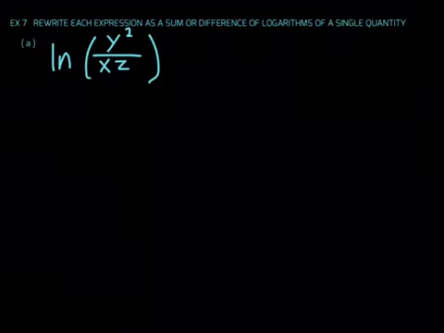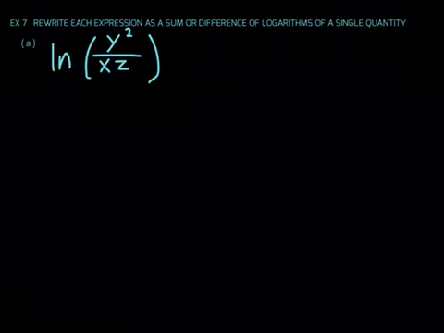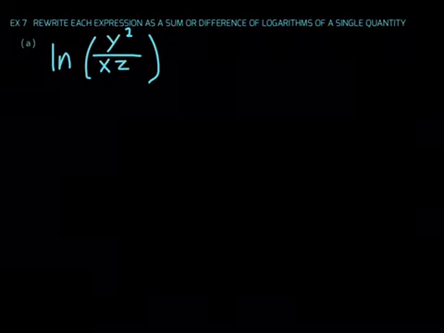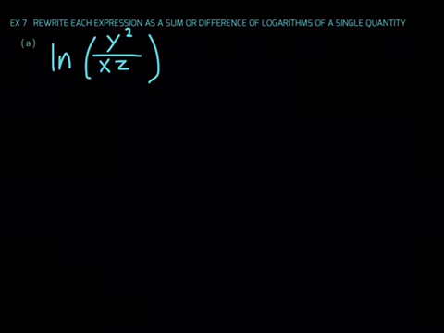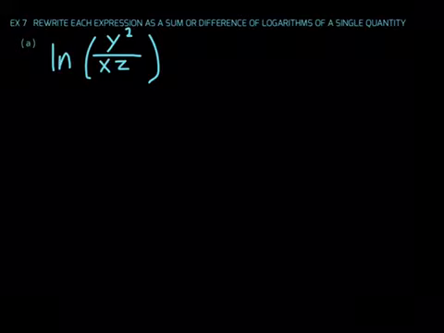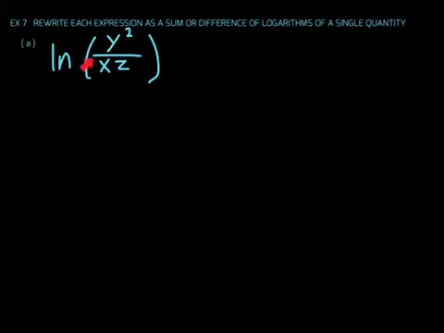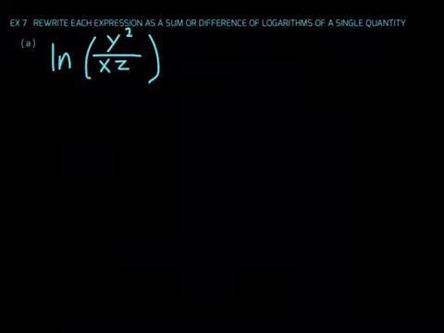All right, example 7, there'll be 2 parts to this. Rewrite each expression as a sum or difference of logarithms of a single quantity. All right, here comes the first one. Okay, we have the natural log of y squared over xz. Now, the first thing I'd like to draw your attention to is we can undo this fraction bar, this division.